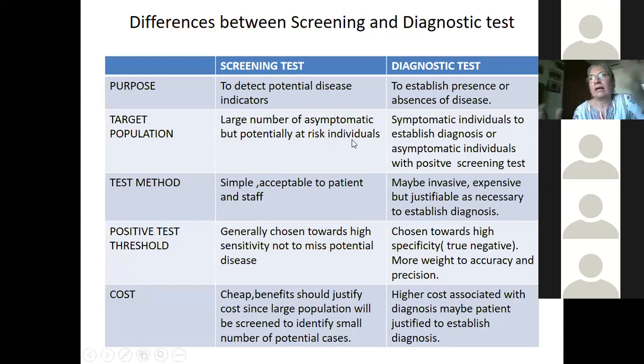Well, target population is what? Asymptomatic people, like what is happening these days. If you take a certain community, certain area, and you start screening for COVID-19, all those people are at risk of having COVID-19, but everybody doesn't have it.